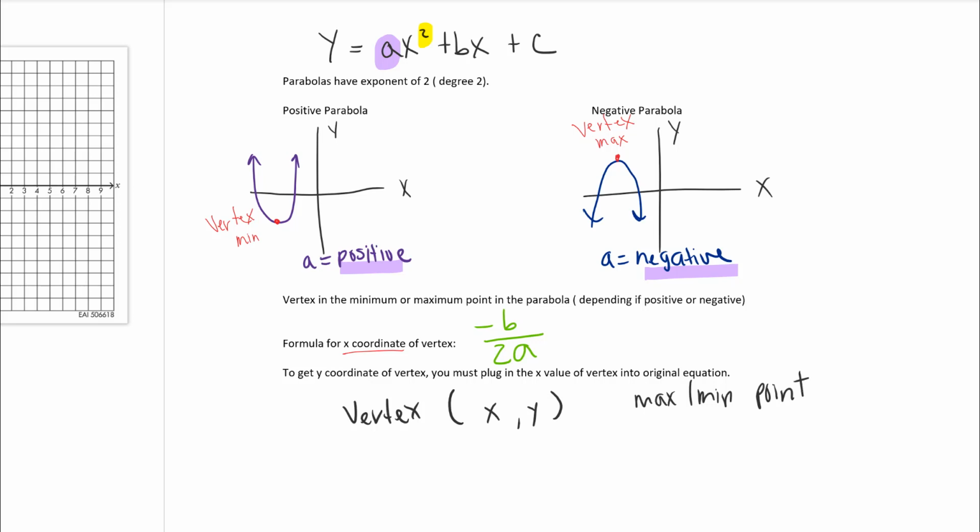So since it's just a point, you need your x value and your y value. The x value is negative b over 2a. And for the y, you plug it into your original equation to get your y value. So let's take a deeper look into these problems.